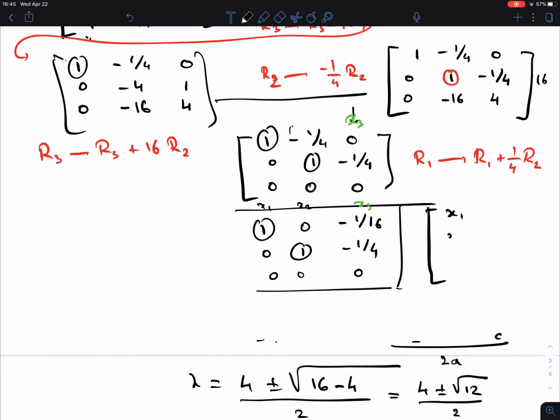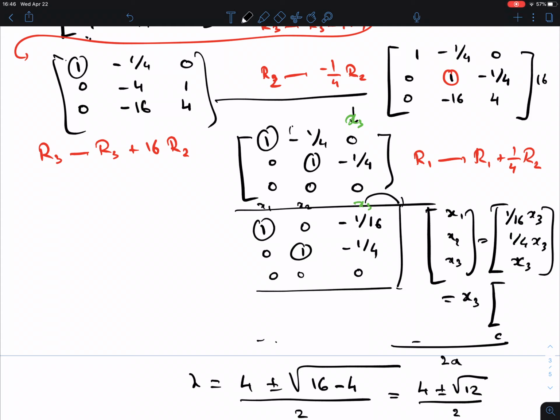X1, X2, X3, what are they equal to? X1 is equal to, bring this to the other side, 1/16 X3, 1/4 X3, and of course X3 is just equal to itself. So we factor out X3, we find 1/16, 1/4, and 1.